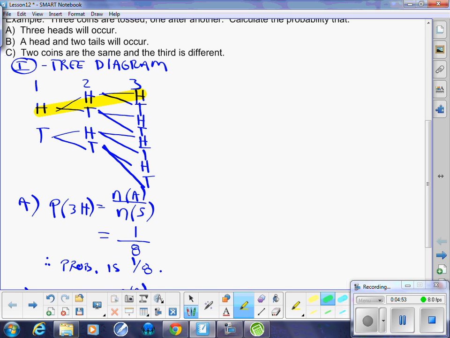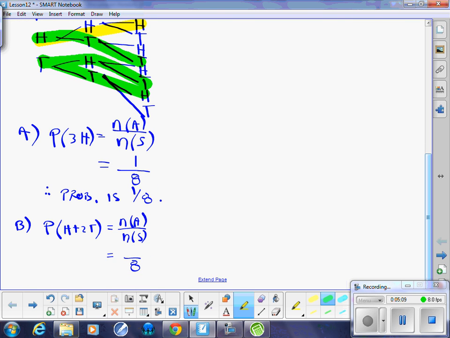So I could go head, tail, tail, tail, head, tail, tail, tail, head. I believe that would be it. So there are three possible ways for us to get a head and two tails. So I'm just counting the number of branches that produces that particular answer.